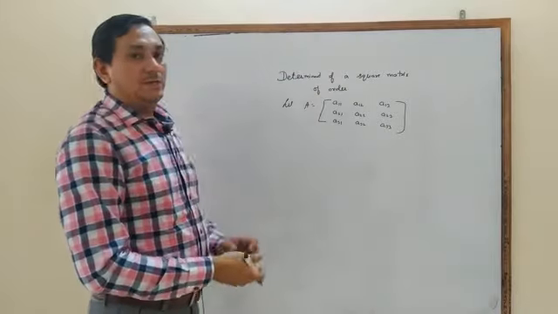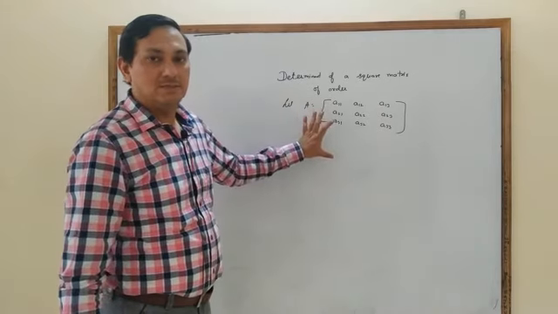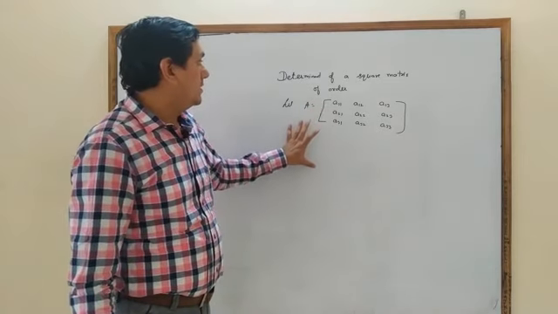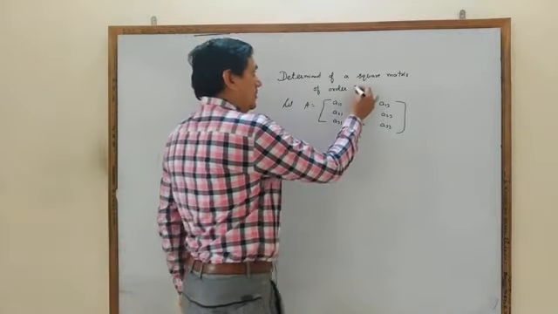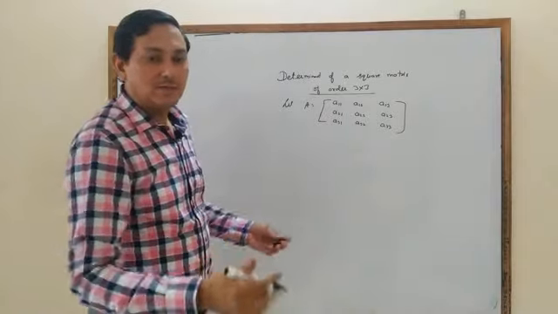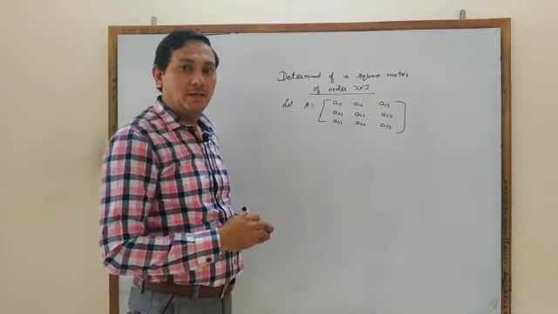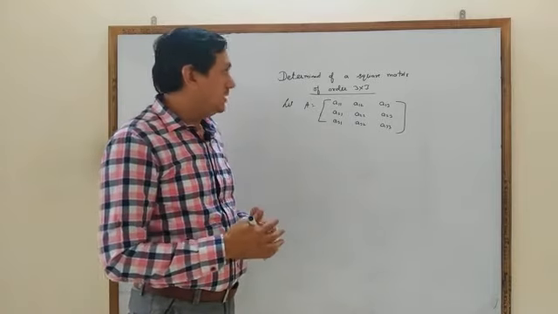Now actually we can calculate it by 6 methods. We can determine the determinant of a square matrix of order 3 by 3 by following six methods. The seventh method is also the Sarrus diagram. We shall discuss it a little while later.